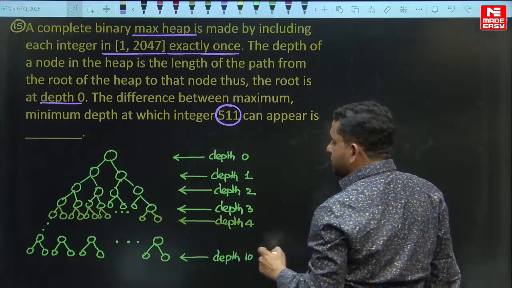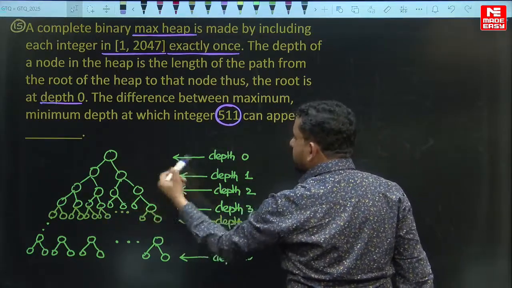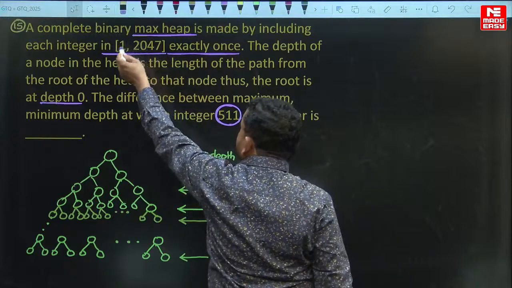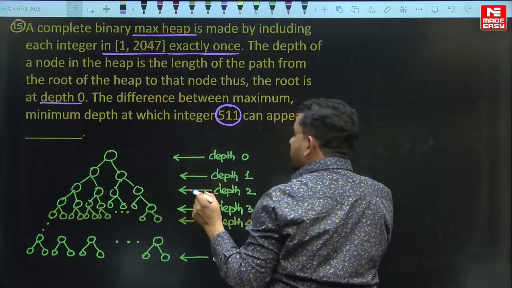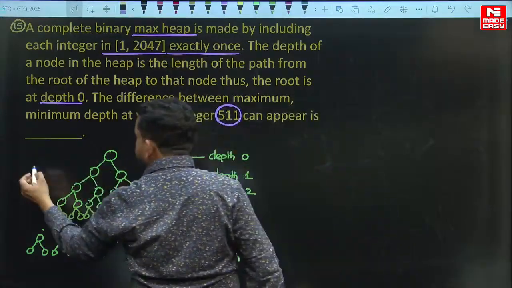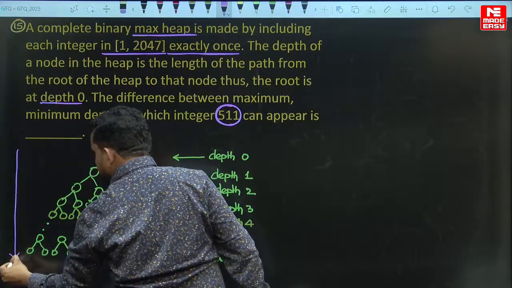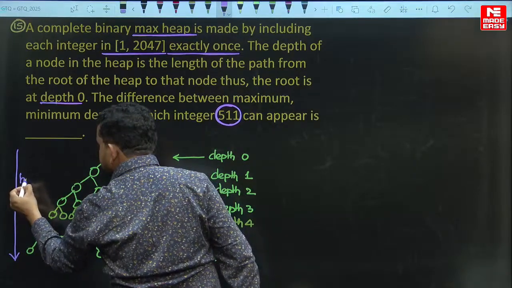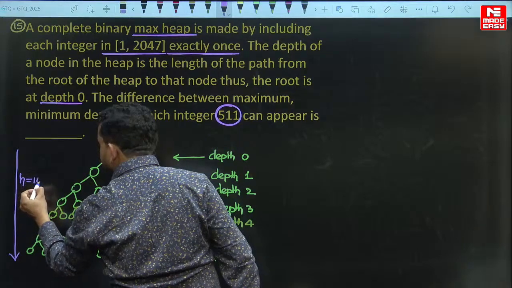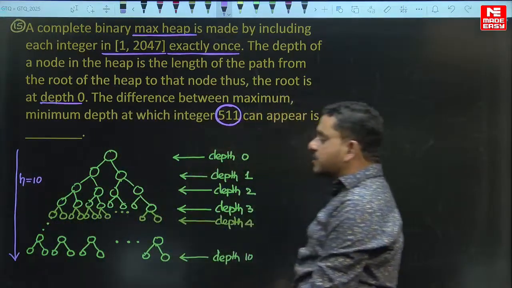The total number of nodes is 2^10 to 2047, so the height of the tree is 10, and the depth is also 10.